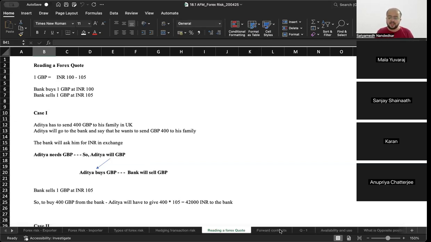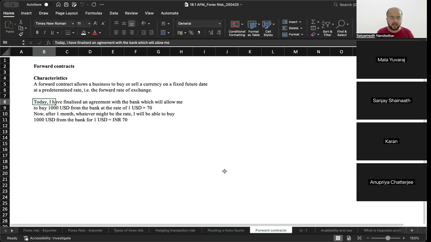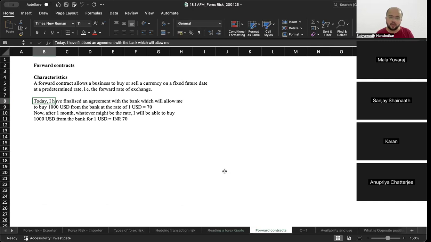Now, one of the easiest instruments to tackle the foreign exchange risk is the forward contract. Now, what does the forward contract do? Yesterday, we saw FRAs. Similarly, in case of foreign exchange risk as well, you have a forward contract. What the forward contract does is it locks in today the rate at which you are going to transact in the future.